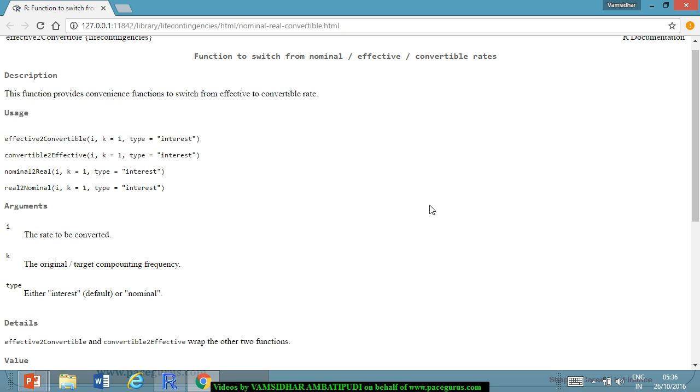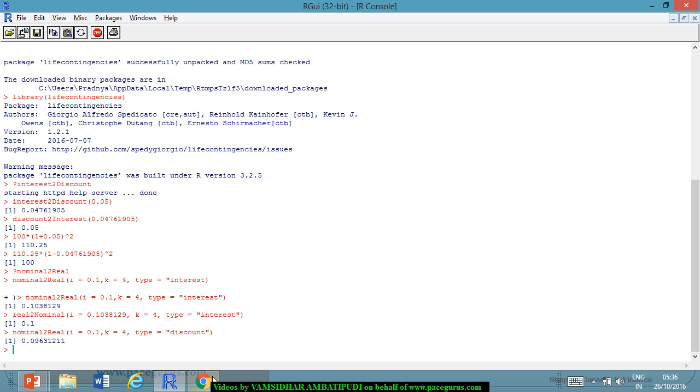Which is otherwise, we are having a D as 0.1. Now I am converting it into 1 minus, we are talking about D4. The D4 is going to be 9.63%. Then if I am talking about real to nominal, again the same logic.